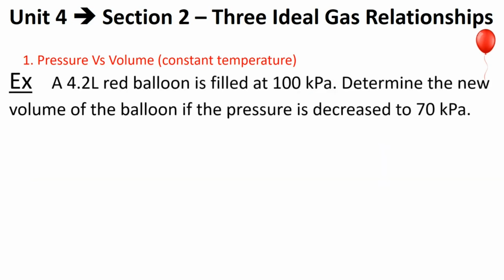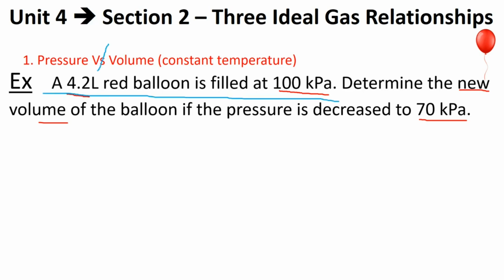A 4.2 liter red balloon. Now I recommend that when you go through these things, you underline the numbers and the terms that go with it, or the units, because the units are going to tell you if it's a pressure, a volume, or a temperature, or something like that. All right, so we want to determine the new volume. So we've got kind of our before situation with this stuff right here.